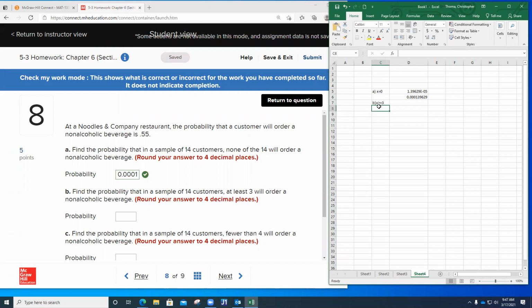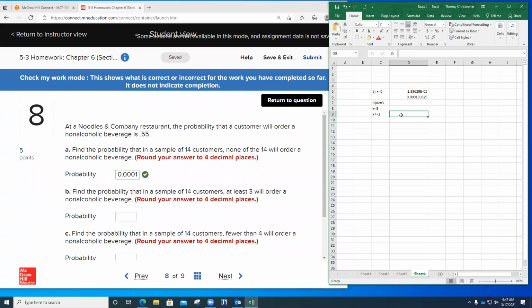So another way to solve this is if I find the complement. So the complement would be X is less than 3, or for Excel purposes, for CDF purposes, it's X is less than or equal to 2, because we're discrete. You can't have part of a person, so I come down a whole number, right?